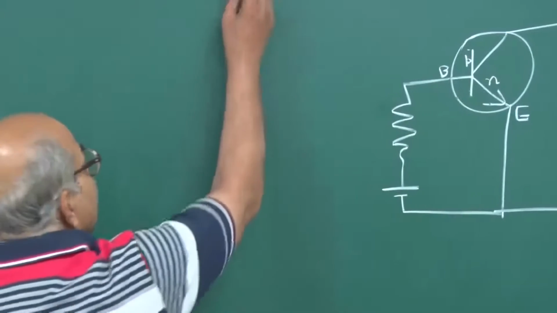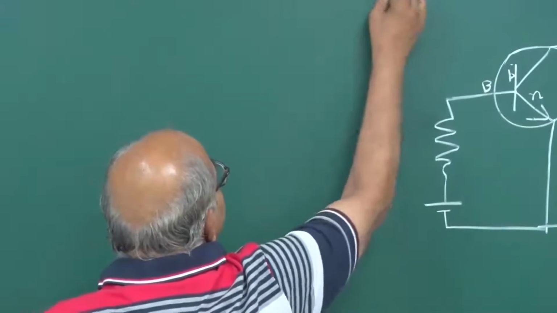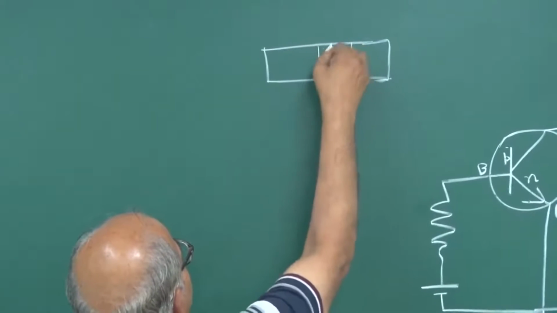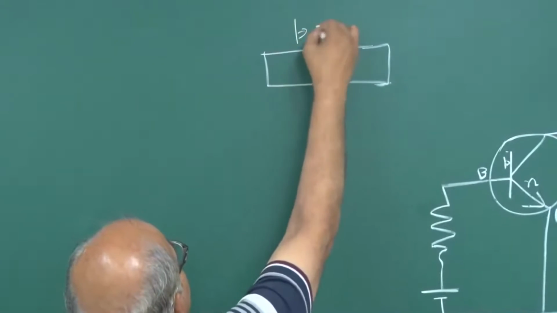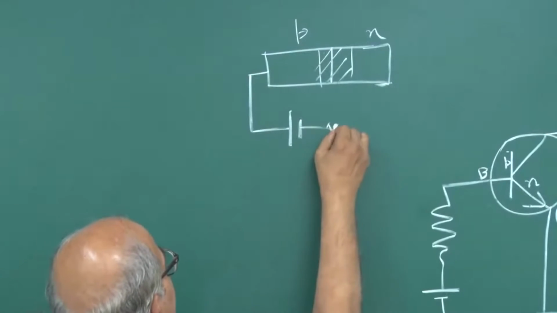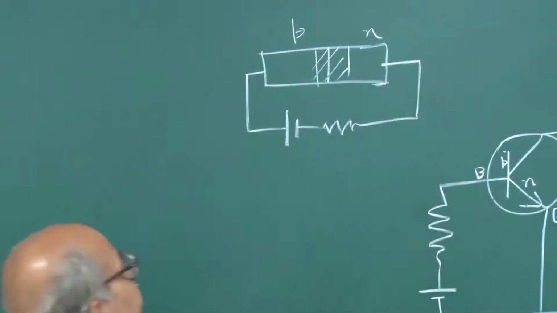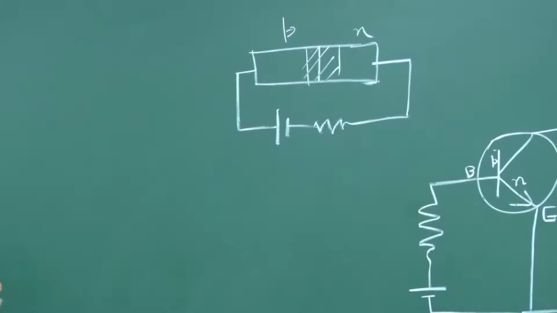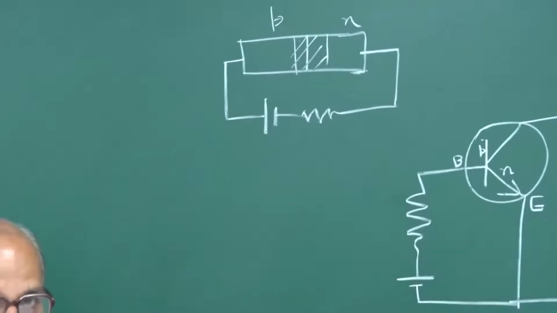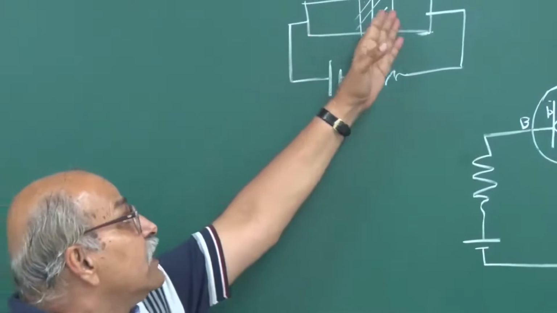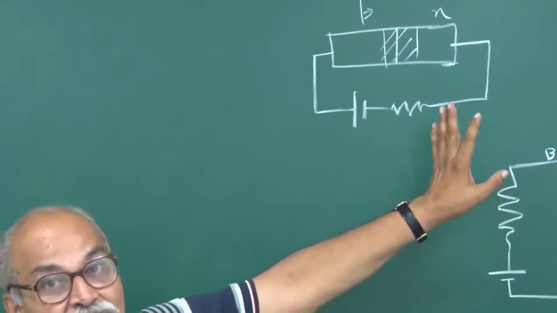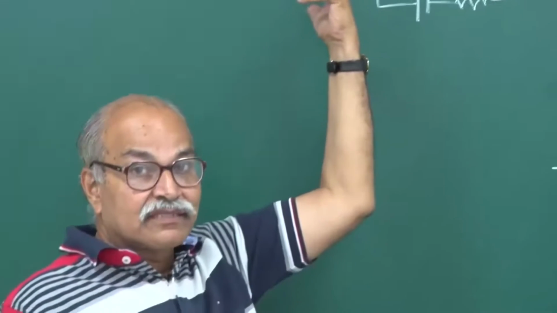So, what happens if you have a normal PN junction? If you have a normal PN junction, you have depletion layer, P side, N side, and then you forward bias it. So, what happens? Because of this biasing, the potential barrier decreases, and because of the large concentration gradient, majority carriers from both sides diffuse to the other side.